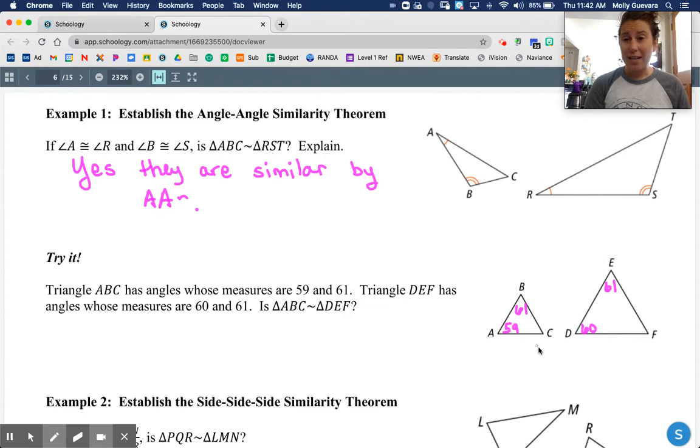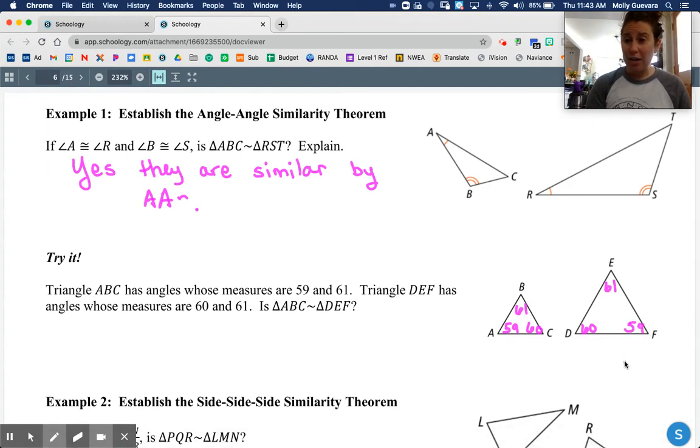Right now I cannot say that they're similar, because their angles are not the same. One of the angles is the same, but the other is not. I'm going to use the fact that the three angles of a triangle add to 180 to find the third angle. So 180 minus 61 minus 59, I get that C is 60, and over here I get that F is 59.